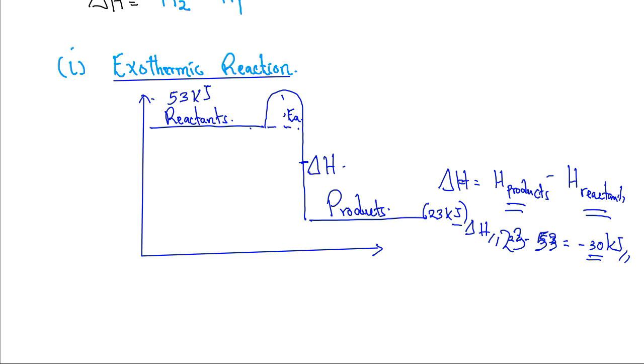So we have said in an exothermic reaction, the reactants change to products by evolution of heat. Hence, the products have a lower heat content than the reactants.